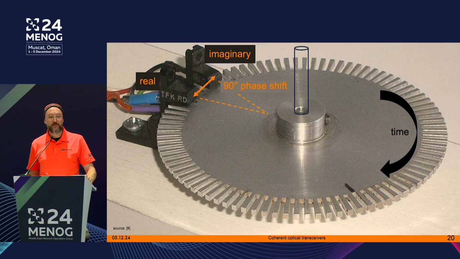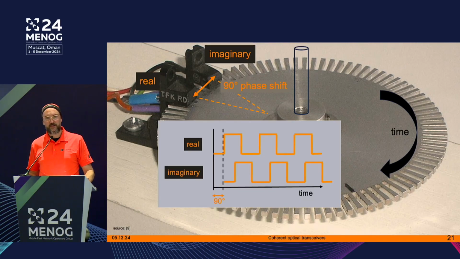And we have two photodiodes, the real part, which you see on the left, and then a little bit shifted away with a certain distance, the imaginary photodiode. And the distance they both have to each other, correlated to the defined speed, gives a phase shift of 90 degrees, because what they do is they sample at the same time always, and then your signal looks like this.